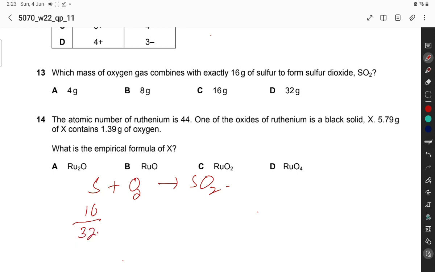So this is 32 grams, sorry. Sulfur atomic mass is 32 gram, required 16 and 16 gram ratio x. Cross multiply 32 into 16. Sorry. Total mass of oxygen is 32.